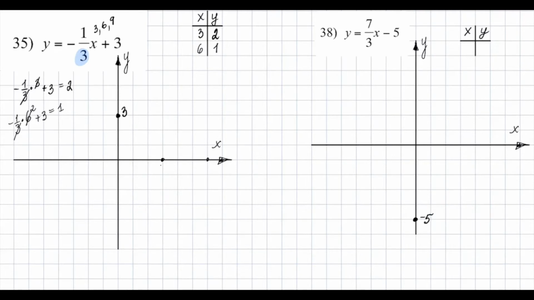If x equals 3, I'm looking along this line. Y is 2. So that's my point right here. If x equals 6, again, I'm looking on this line, and y, according to the equation, should be 1. A line that I can draw neatly through all 3 of them. There you go. So, kaboom, kaboom, here's my line.